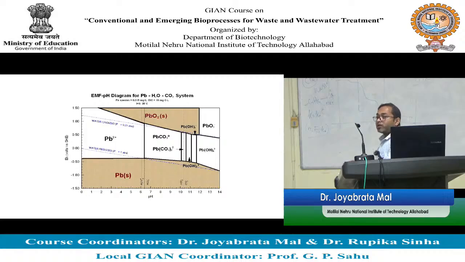So that's why in bioabsorption pH is very important, and whatever the metal, the best example is lead, this is your Pourbaix diagram. For cadmium it will be different, for chromium it will be different. So it is very, very important to know at what pH your metal remains in its ionic form. Then only can we say that whatever removal is happening is because of bioabsorption or adsorption, not because of precipitation.